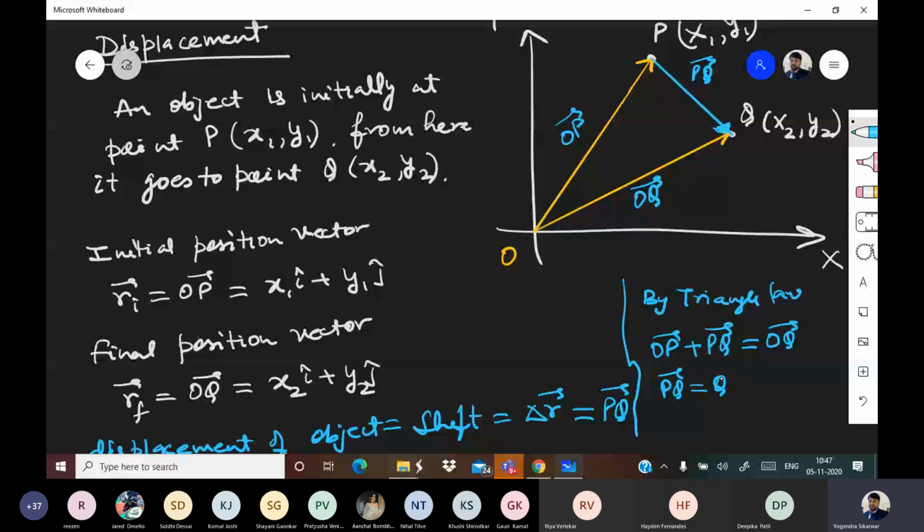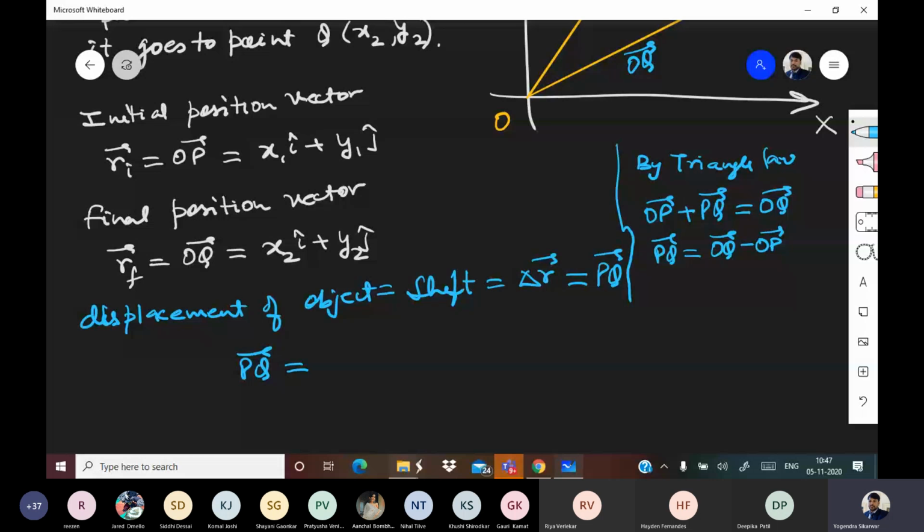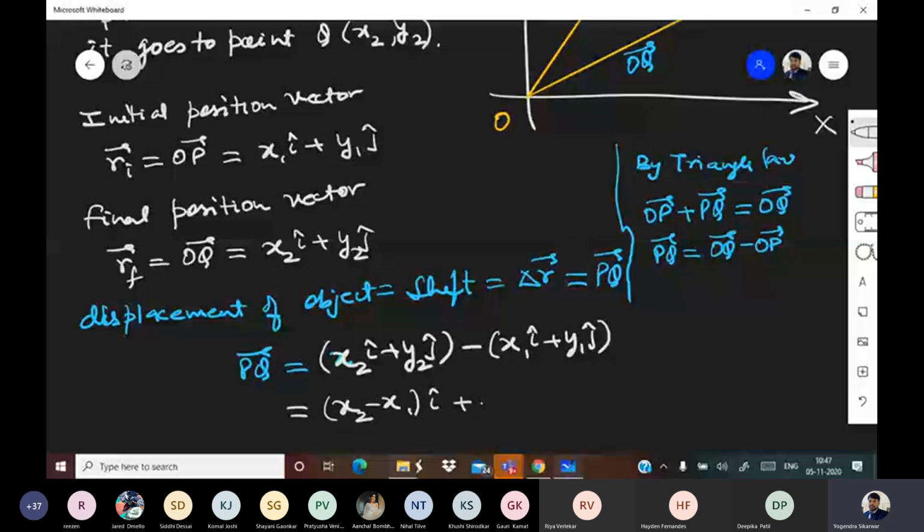PQ vector is equal to OQ, which is x2 i cap plus y2 j cap, minus x1 i cap plus y1 j cap, and that comes out to be (x2 minus x1) i cap plus (y2 minus y1) j cap.